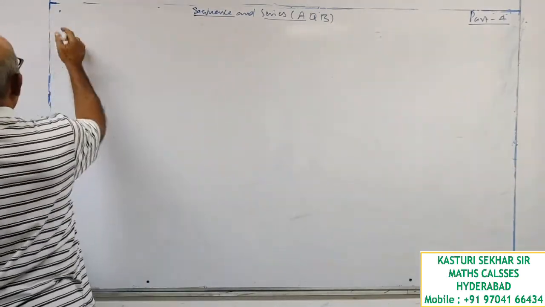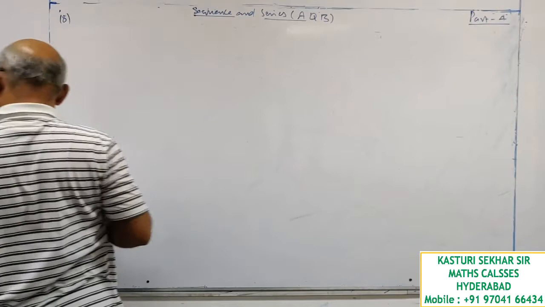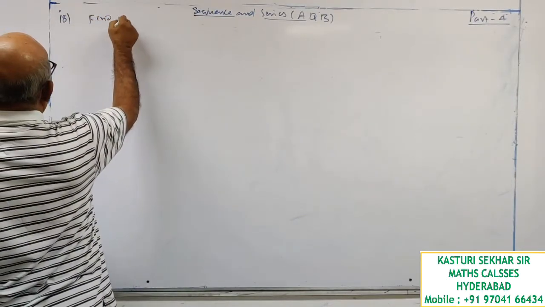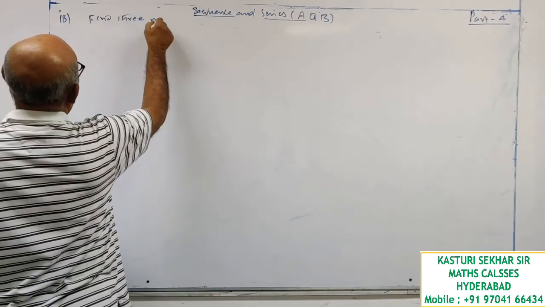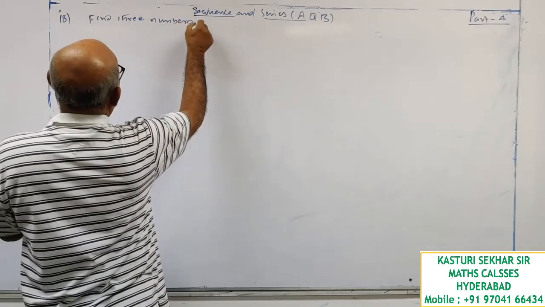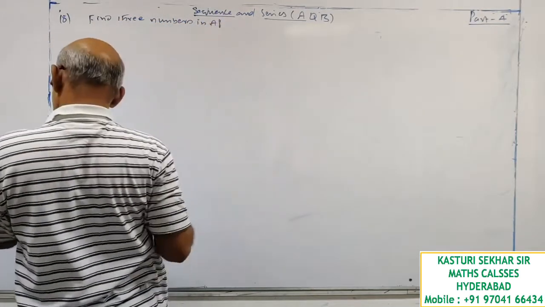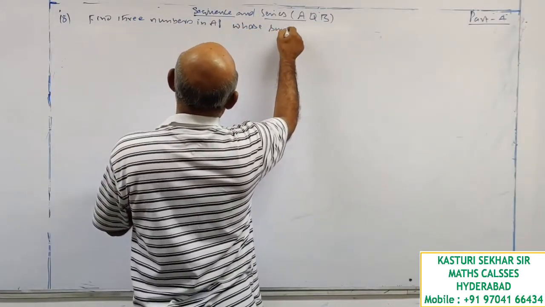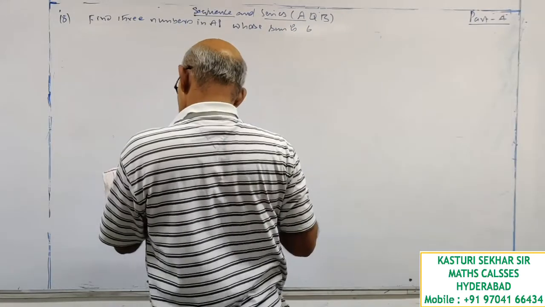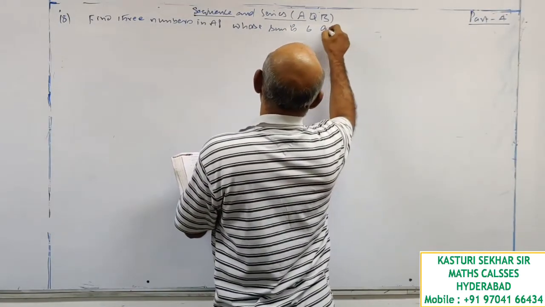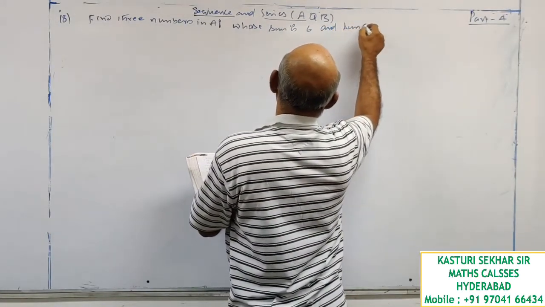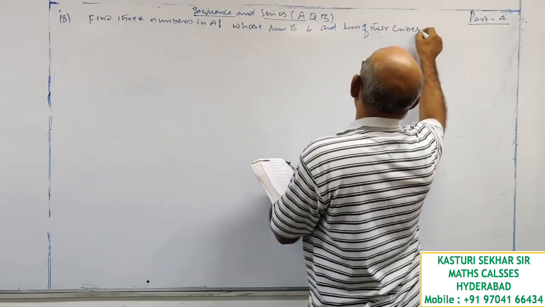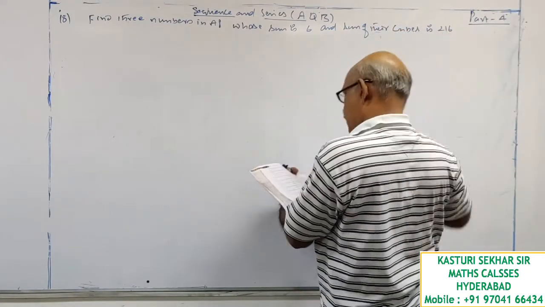Now look at the 18th question. Find 3 numbers in AP whose sum is 6 and sum of their cubes is 260.